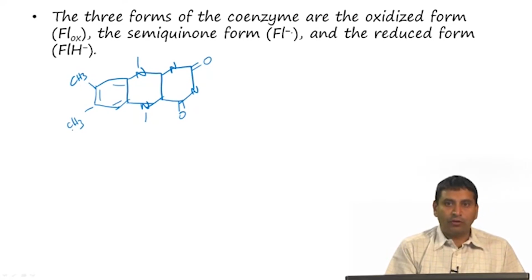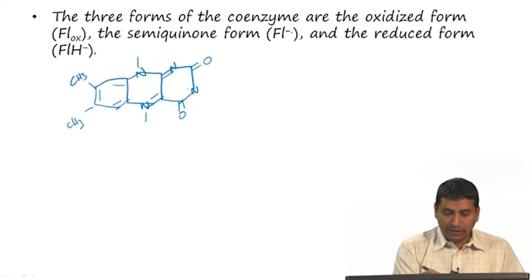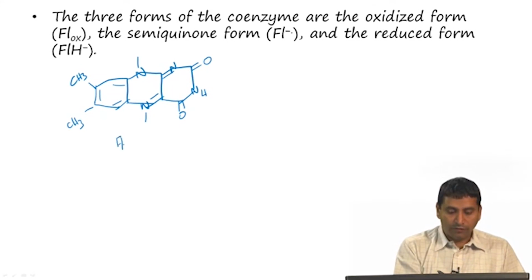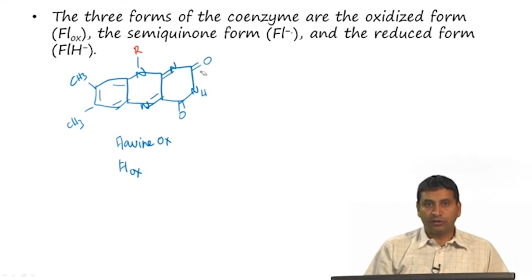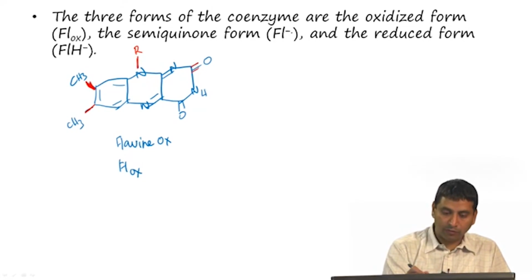Since it is a highly conjugated system, you can imagine there is a double bond here, and an NH over here. This is called flavin oxidized form, or Fl ox. This group here is R. So, this is the main portion of the flavin molecule, which contains 3 rings, and it has a number of functional groups.